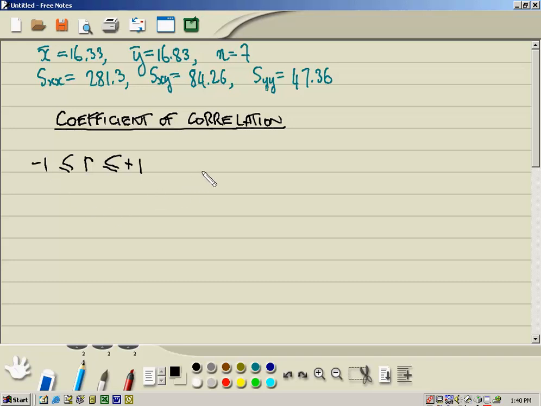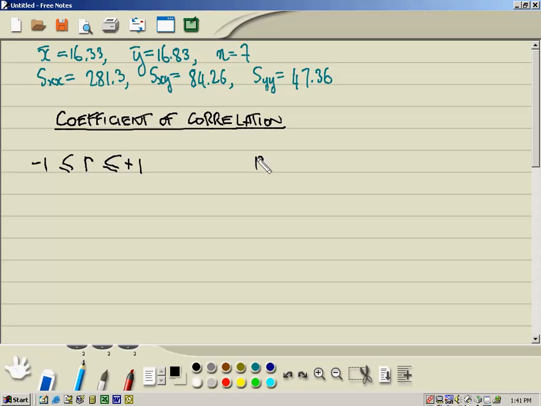In a sense, it is a standardized slope of a regression, and that's why we're actually doing it here. I want to make the point clearly so that you remember for later classes that the correlation coefficient and the slope of a simple linear regression are very much related.